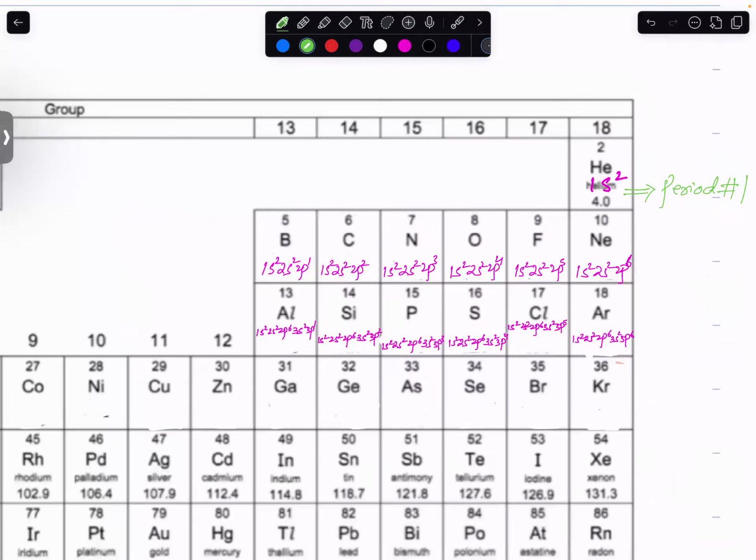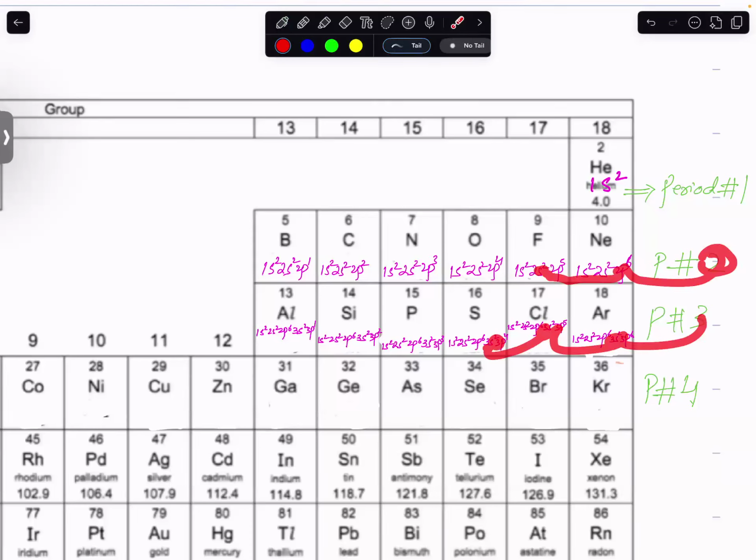Now, if you look at this in detail, this is period number 1, this is period number 2, this is period number 3, this is period number 4, agree? This is period number 5. At the end, it's always 2, then 3, then 4.